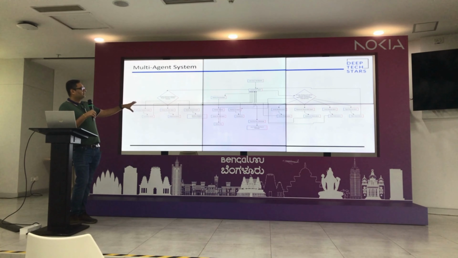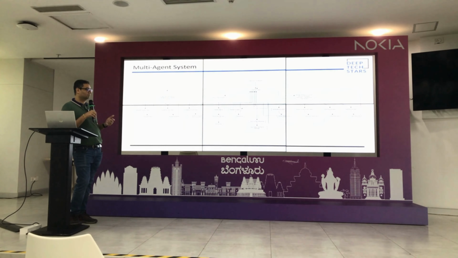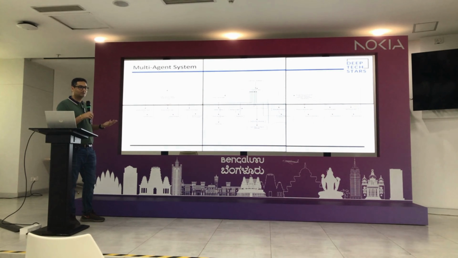Yeah, I mean, see, your travel booking agent might interface with the company's HR agent, right? The HR agent will call the travel booking agentic system to say, plan an offsite for 20 people to go to Goa, right? Now, it might be that the HR system was built using LangGraph and this was built using Crew AI.